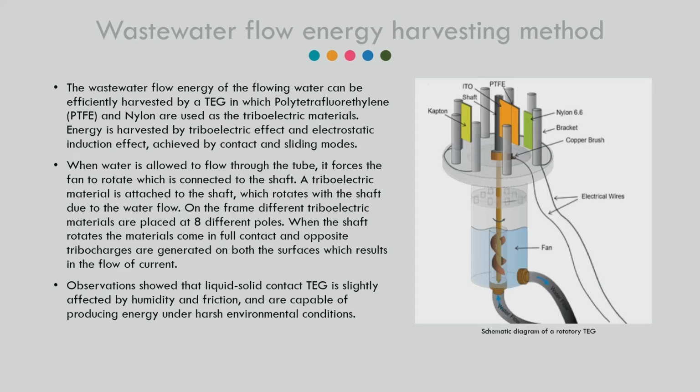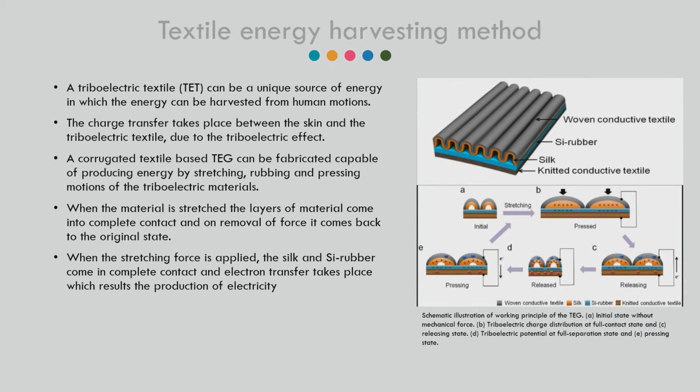When the shaft rotates and the materials come in full contact, opposite tribo charges are generated on both surfaces, which results in the flow of current. Observation shows that the liquid-solid contact triboelectric generator is affected by humidity and friction, and is capable of producing energy under harsh environmental conditions.